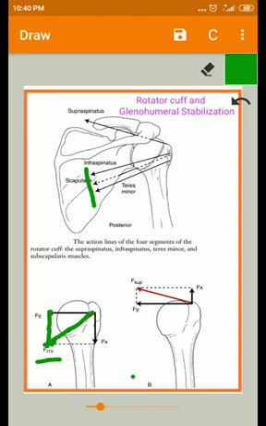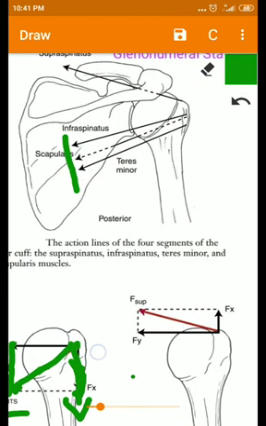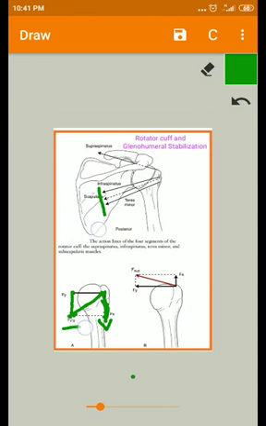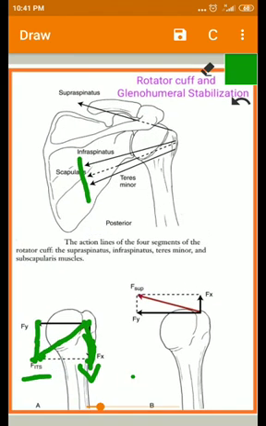Here the translatory component, Fx, is acting inferiorly along the long axis of the shaft of the humerus, whereas the rotatory component is acting towards the joint.